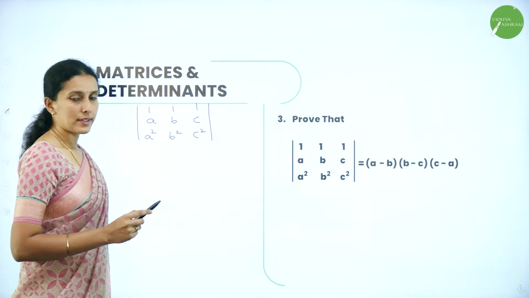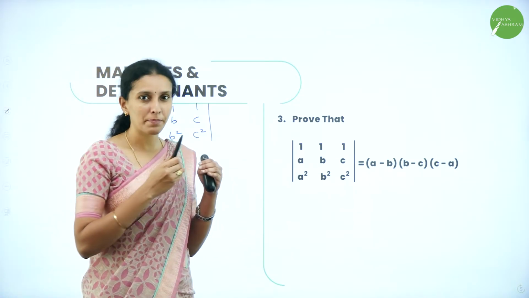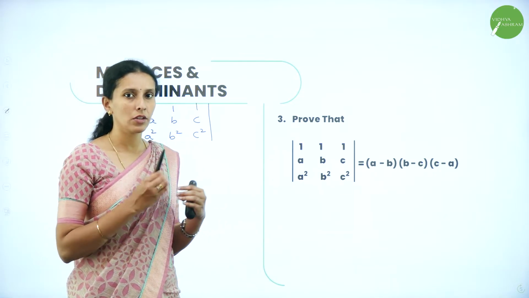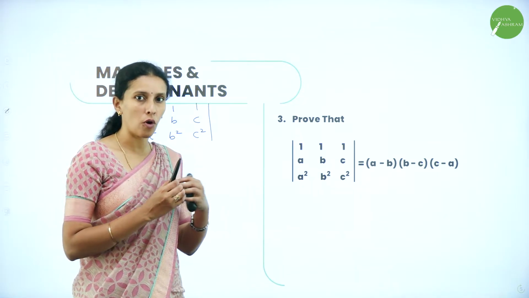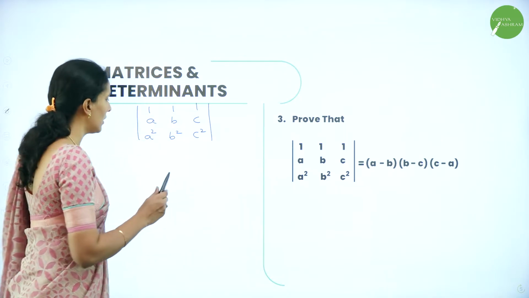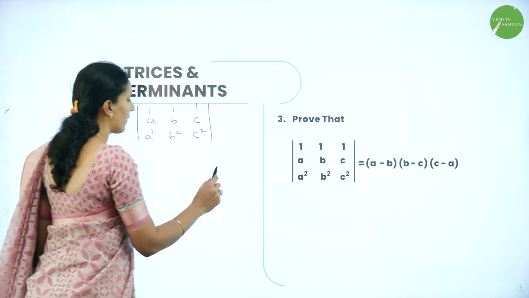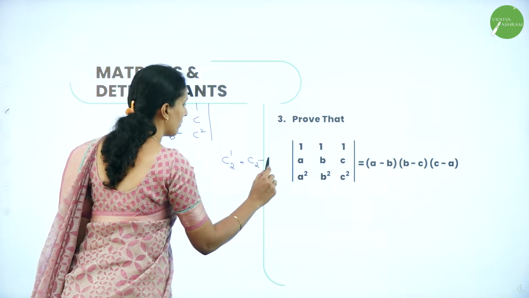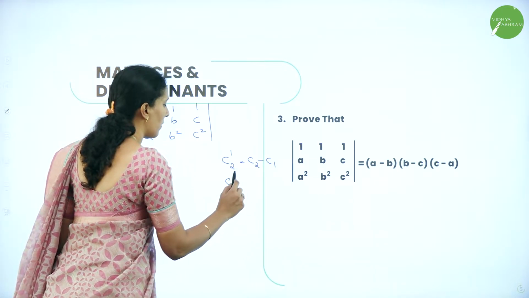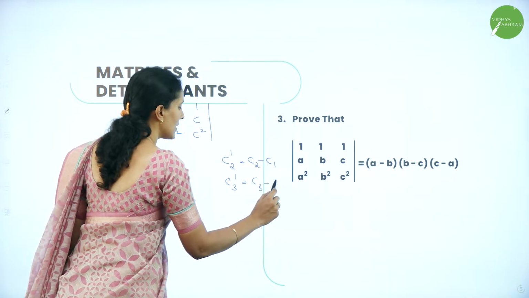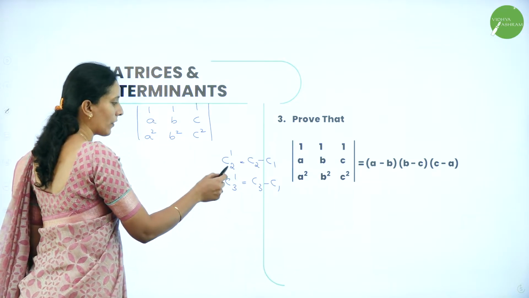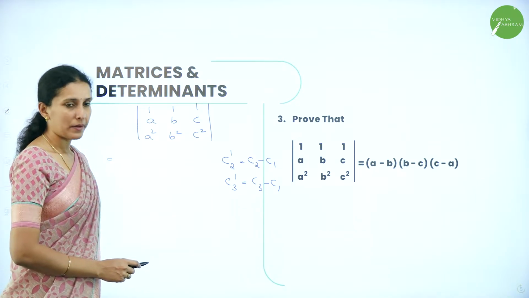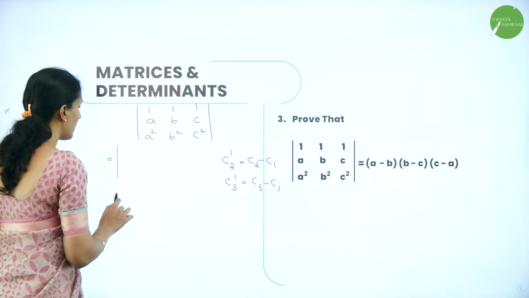Instead of expanding the determinant directly, we use column operations or row operations. Here I will write the C2 column as C2 minus C1 and the C3 column as C3 minus C1. The new second column I'll represent as C2 dash, and the new third column as C3 dash.